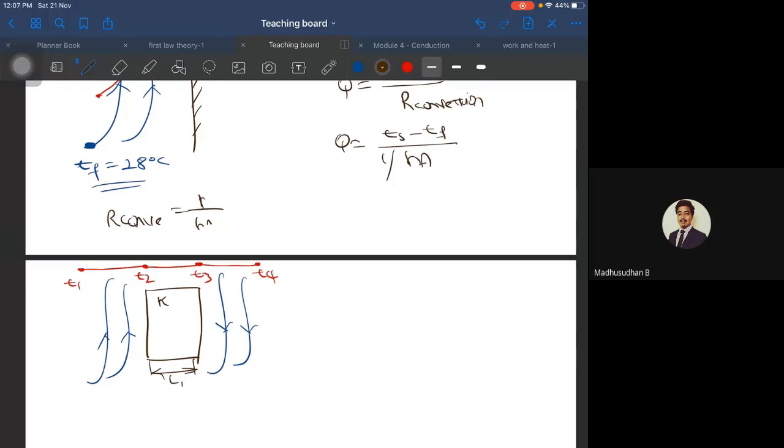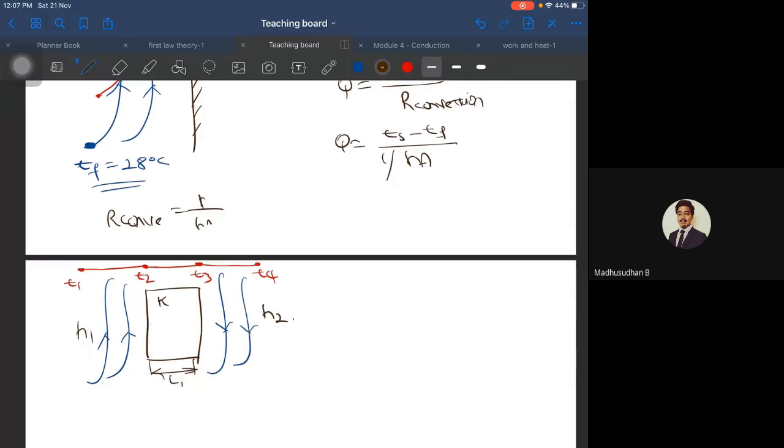For the transfer of heat from the first fluid to the T2 segment, I will take it as H1. So H1 is the governing term, and for the heat getting transferred from the other fluid on the face of T3, I would take it as H2.